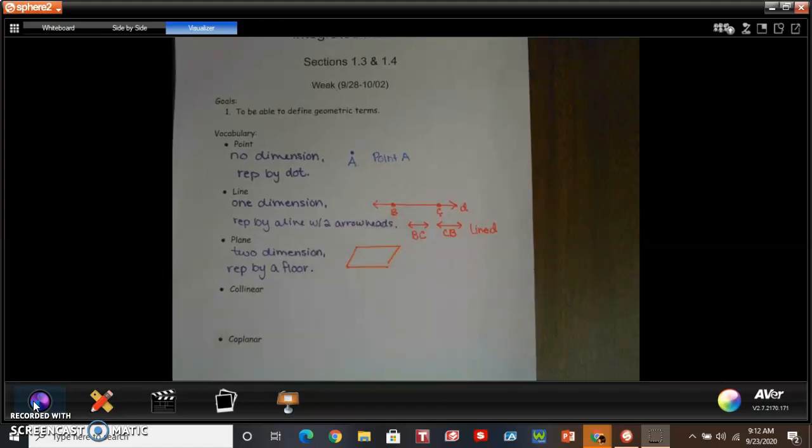So that's a plane. So if you're thinking, okay, what is a plane since it's 2-dimensional in the real world? A plane would be your walls in your room, or the ceiling or the floor, okay? So a plane is going to be a flat surface that is like a sheet of paper. It's got 2 dimensions, but it's not ever going to have 3 dimensions.